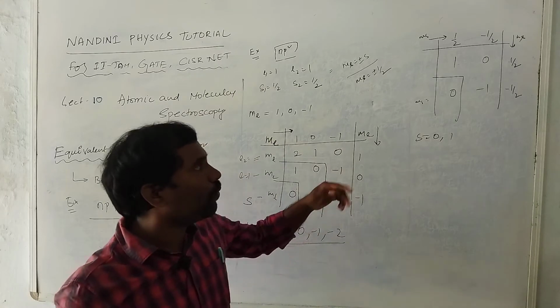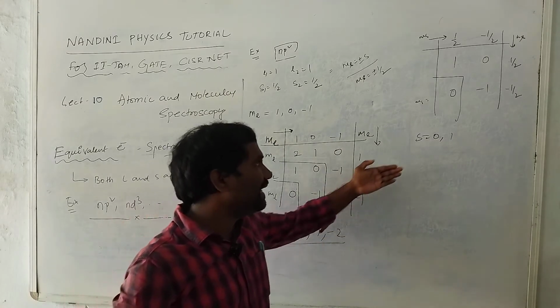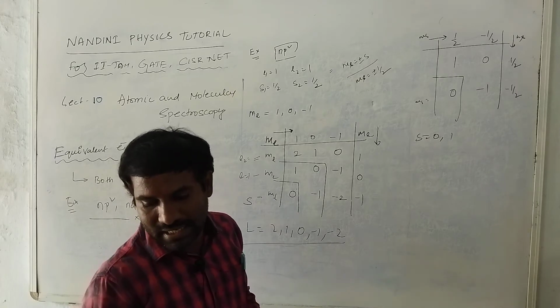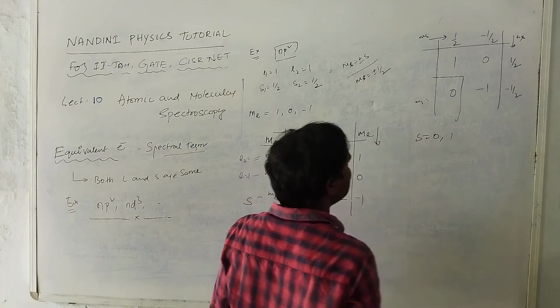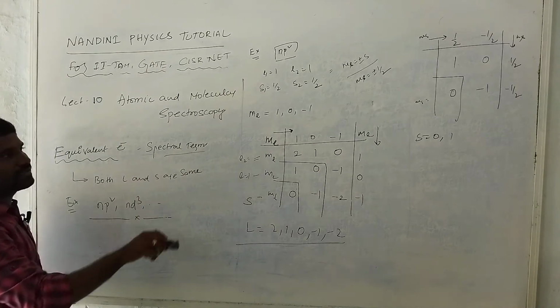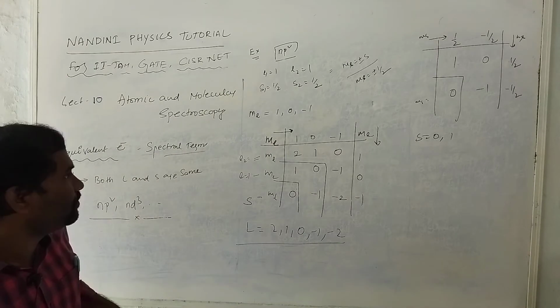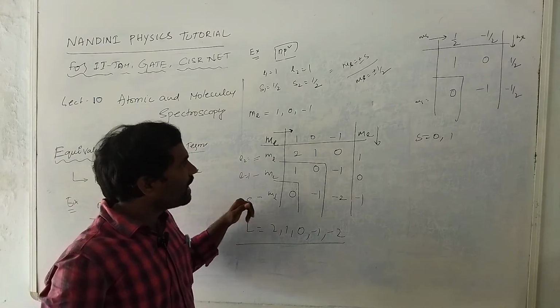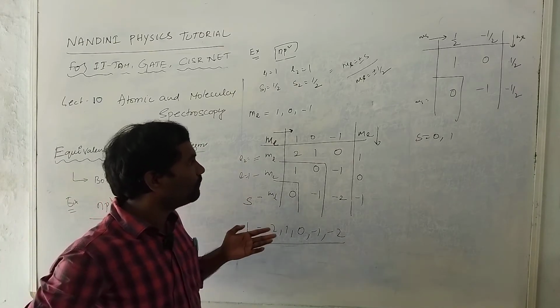From this equation you will get both the L value and the S value. Using these two values, once again you find the total J value. How to find the total J value? I will explain. I get a little confused because I used this shortcut a lot of days back, and right now I forget.